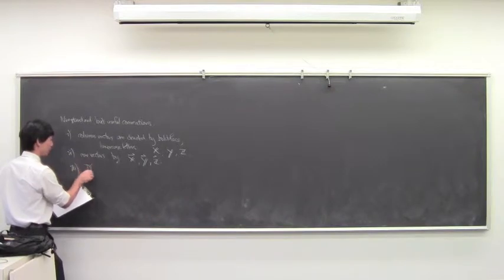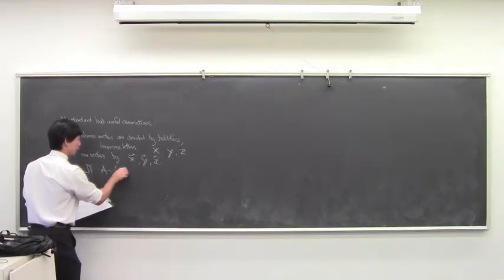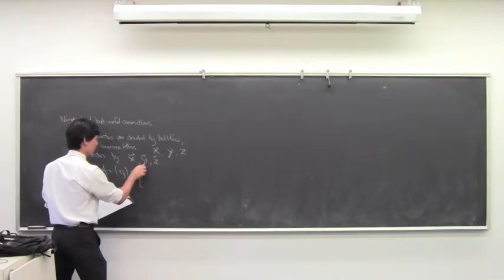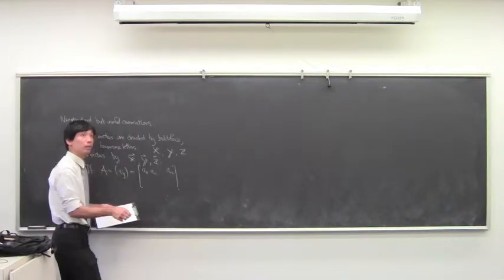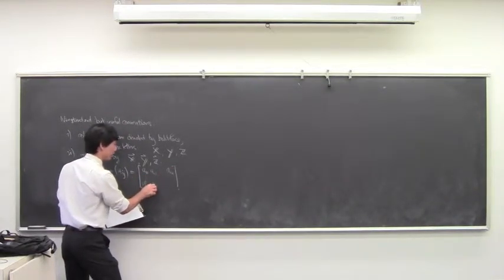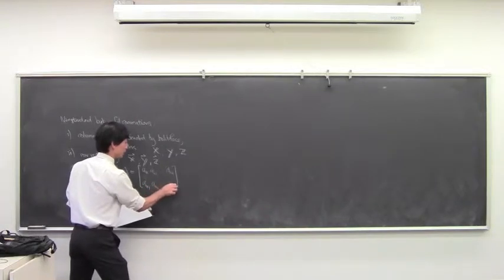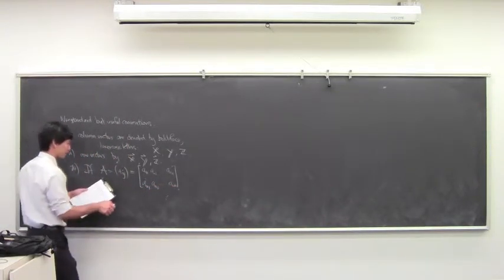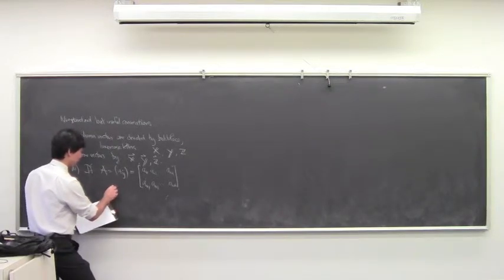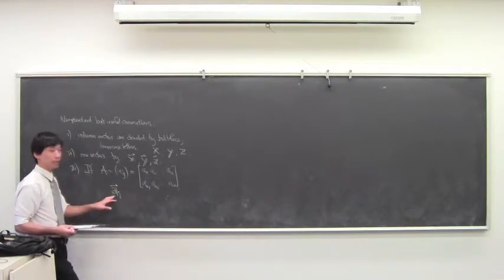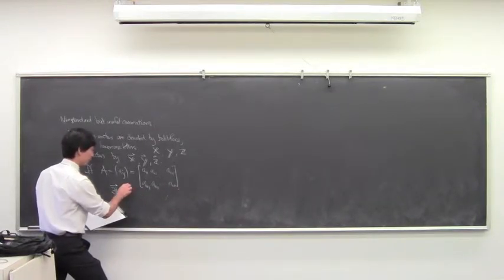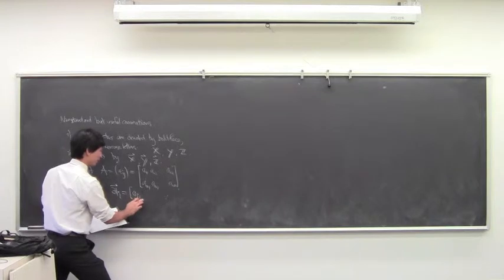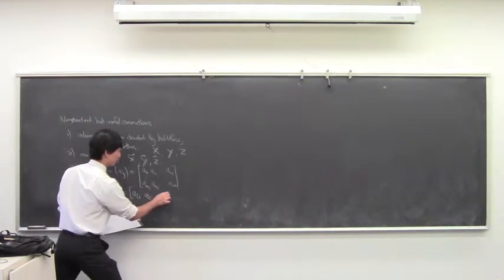Third, if you have a matrix Aij, which is A11, A12, up to A1n, down to Am1, Am2, Amn, and we write a bolded lowercase ai with an arrow, that means the ith row: Ai1, Ai2, up to Ain.